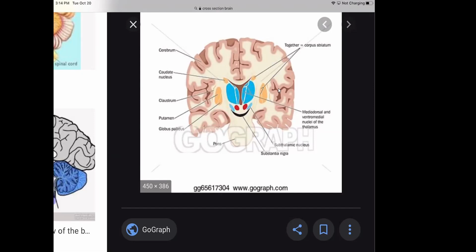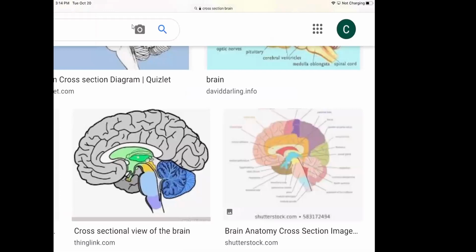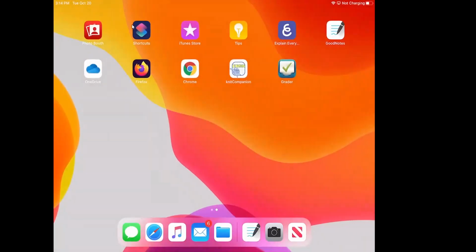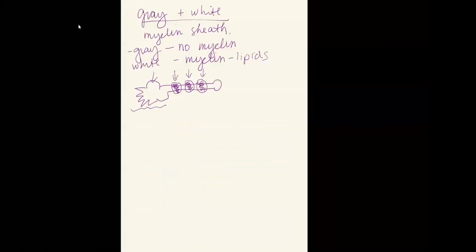And if you're going to be a brain surgeon, you would know what each part is controlling. Does that kind of help? It's easier if you do a real dissection, if you were face to face, but we're not.